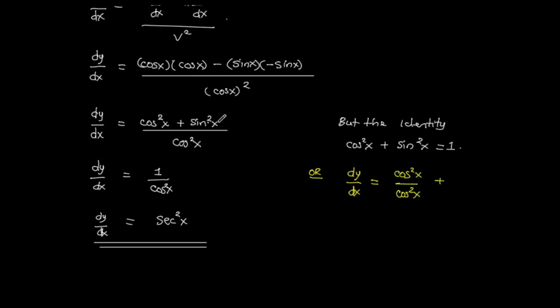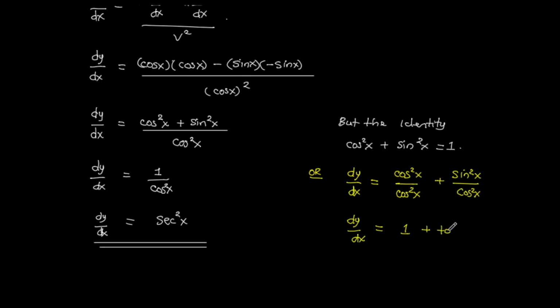And then dy by dx is equal to, we know cos square x divided by cos square x goes to 1, then we have plus, now sine square x divided by cos square x is equal to tan square x.